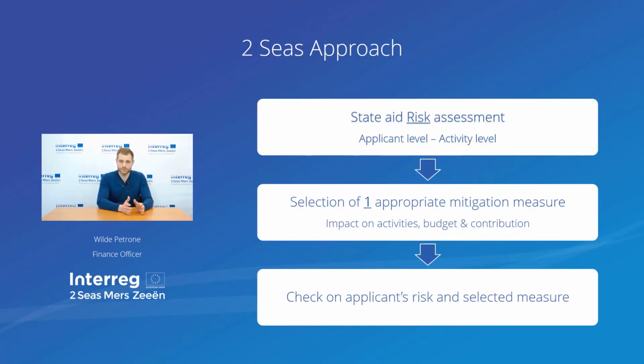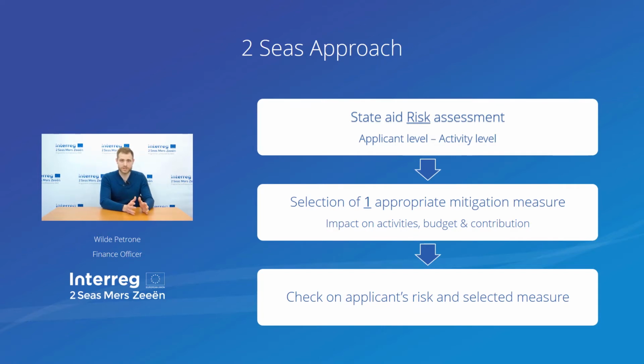The 2C's approach is based on risk assessment. As you can see on the video, we have a risk assessment approach based on a regular risk assessment. First, a risk is identified, either high or low, and then based on that risk, we need to put in place mitigation measures. Here we talk about the applicant level.